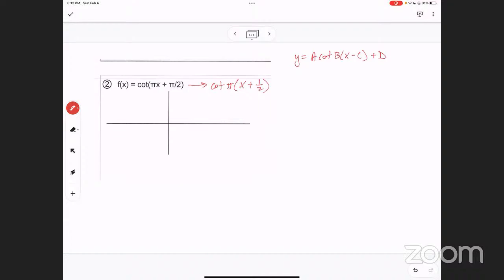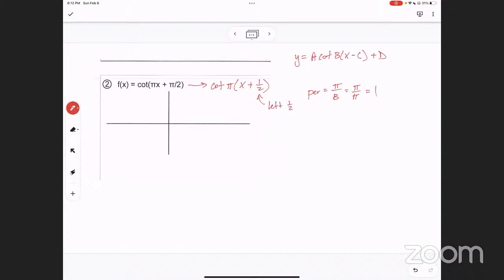That to me looks a lot easier to deal with, because now I can see the period is equal to pi over b, and b is pi. So the period is just 1, right? And then this means that it's shifted. See how it says a plus in there? That means it's shifted left 1/2 from the normal place.